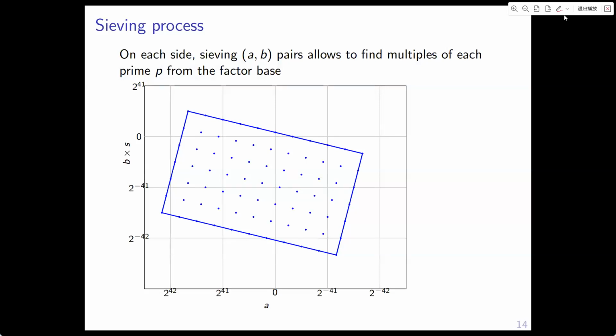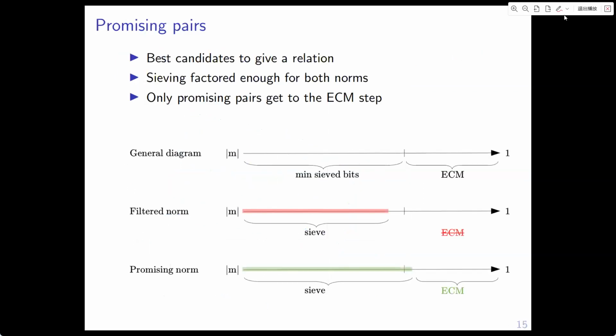For each prime number P, we sieve all its multiples along the A and B axis. So we take every AB pair whose norm we know is a multiple of P. These are promising pairs, the best candidates to give a relation.